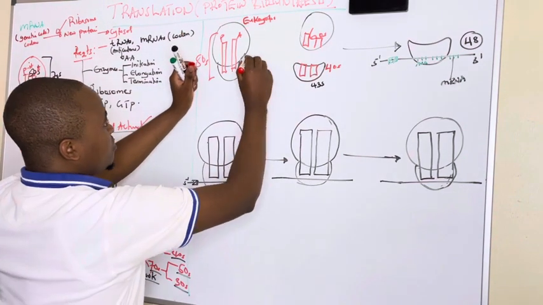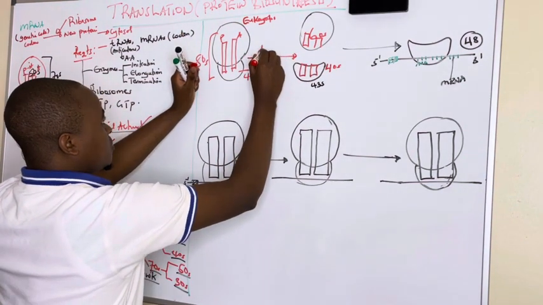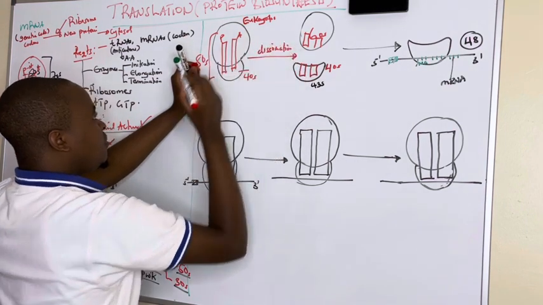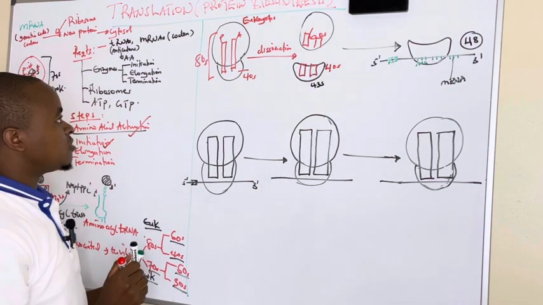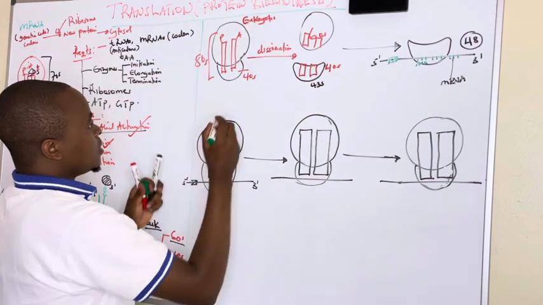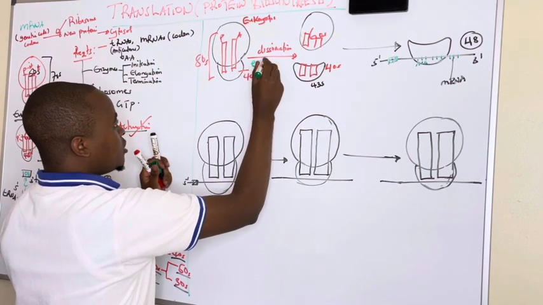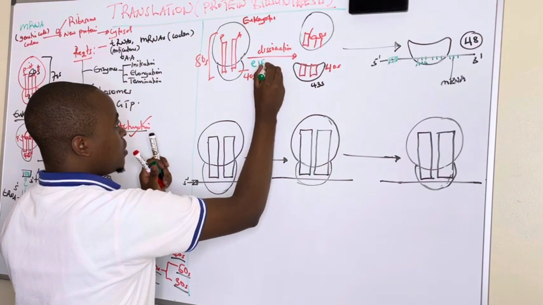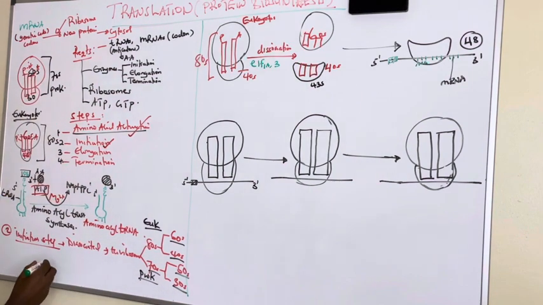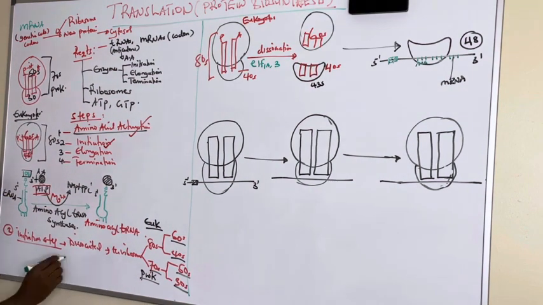After this process, which we are calling dissociation, the initiation factors that catalyze the dissociation in eukaryotes are eukaryotic initiation factor 1A and factor 3. They initiate this process of dissociation.